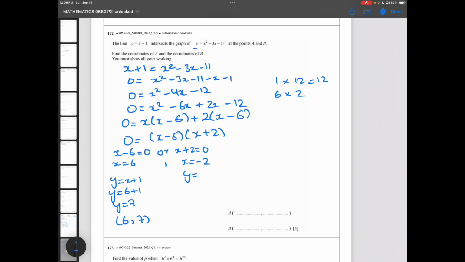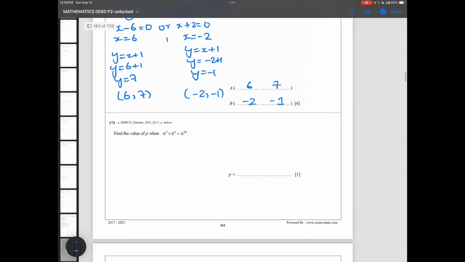Now in this equation I will put minus 2 in place of x. y is equal to minus 1. I got the coordinates for another point, x is minus 2 and y is minus 1. So A is 6 comma 7 and B is minus 2 comma minus 1. These are the 2 points at which the line will be intersecting the curve, parabola, sorry.